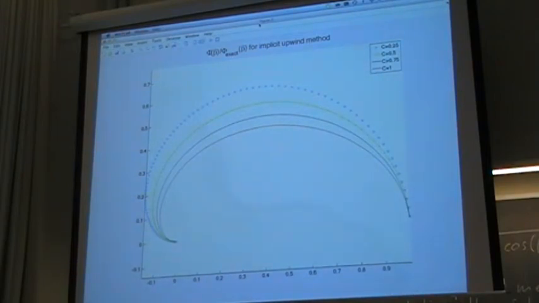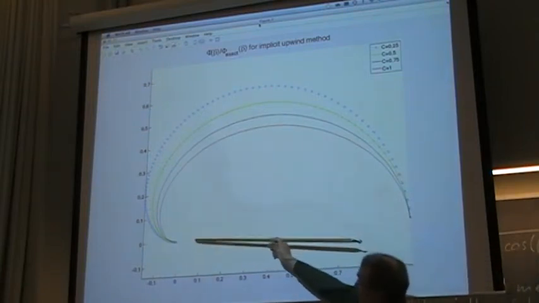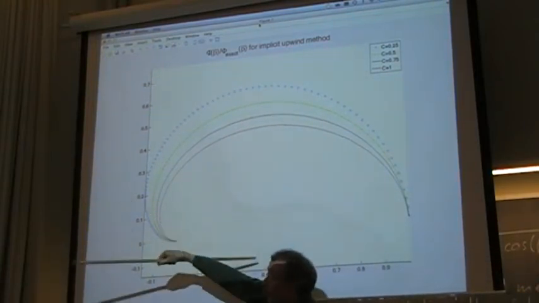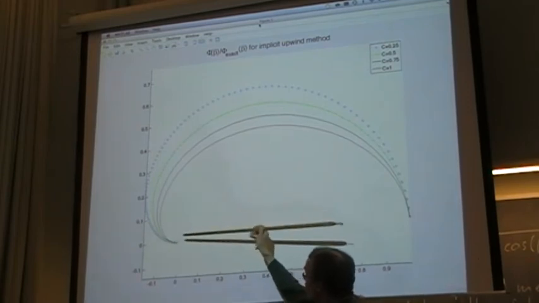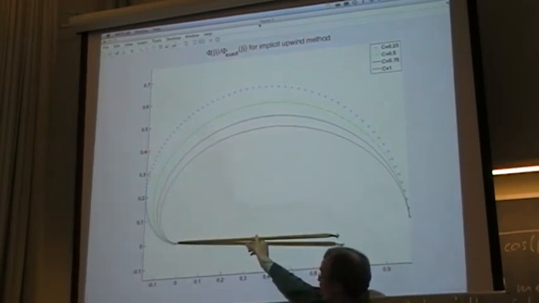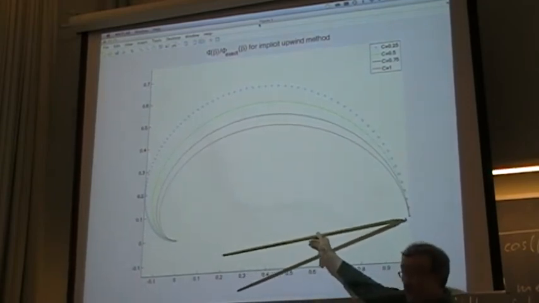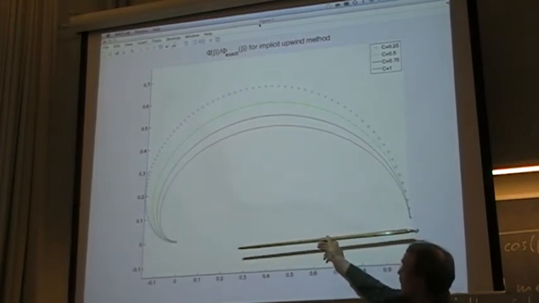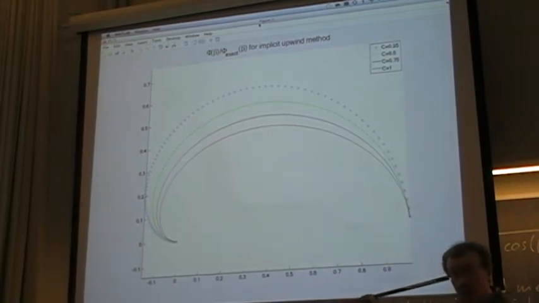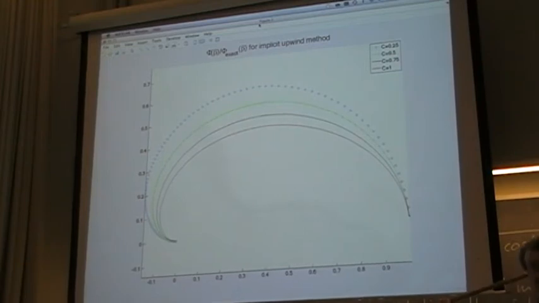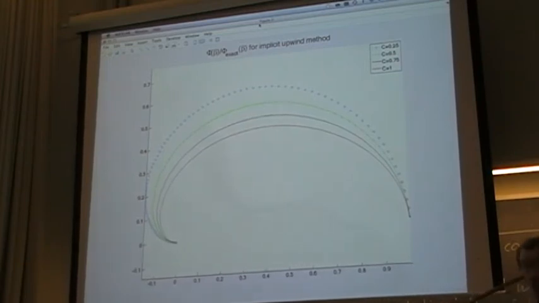Now we have to interpret again in this way, that we imagine that phi is going all the way around from 0 to pi, and that the distance from the origin to the curve that we have here tells us, in that case, what is the phase error. That is the phase divided by the exact phase. So it should be 1, then we would have the phase angle would be equal to the exact phase angle.